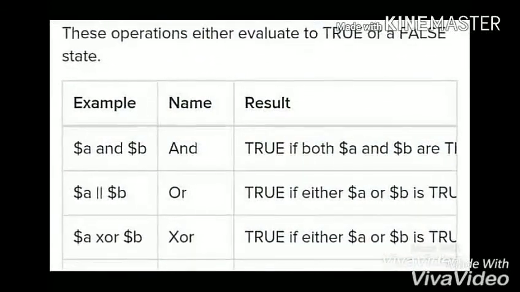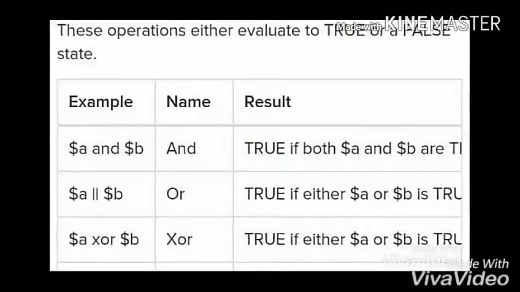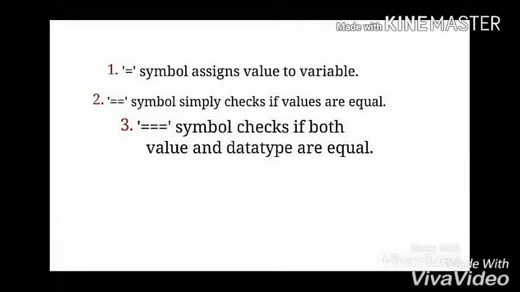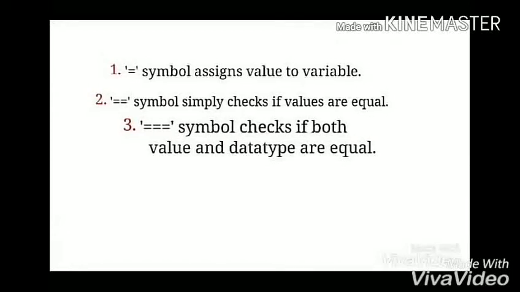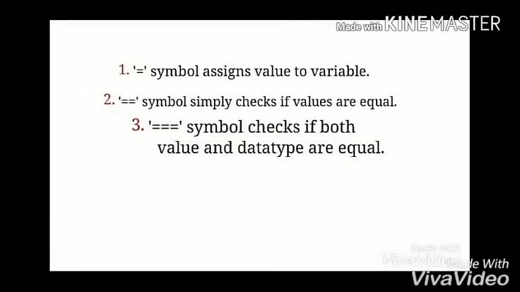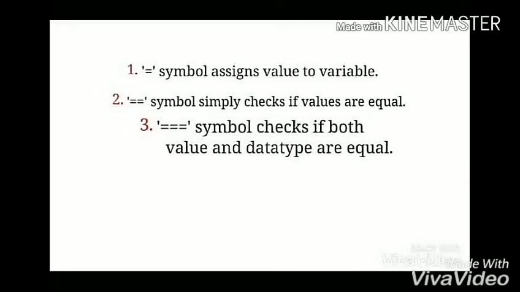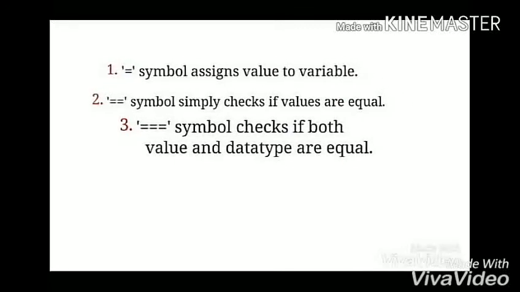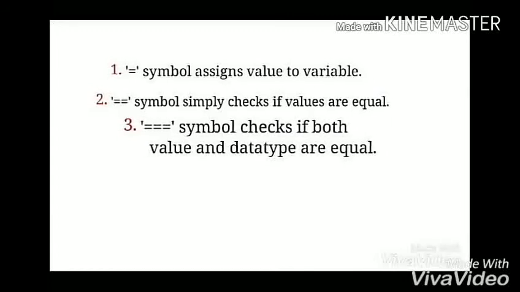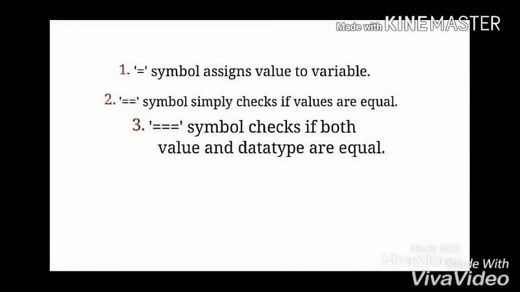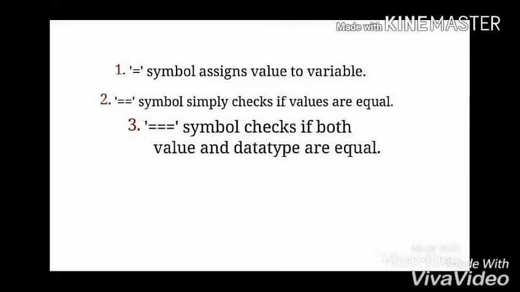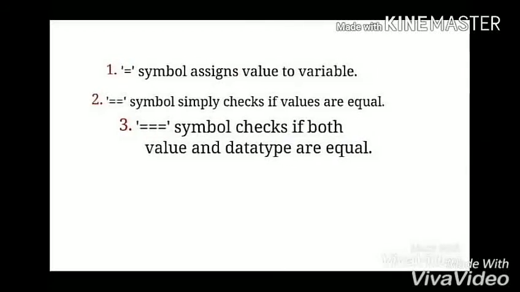This is how it looks like. Note that a single equal to sign assigns a value to the variable, while a double equal to symbol simply checks if values are equal. If the double equal to sign is followed by another equal to sign, that means three equal to signs, it checks if both values and data types are equal.